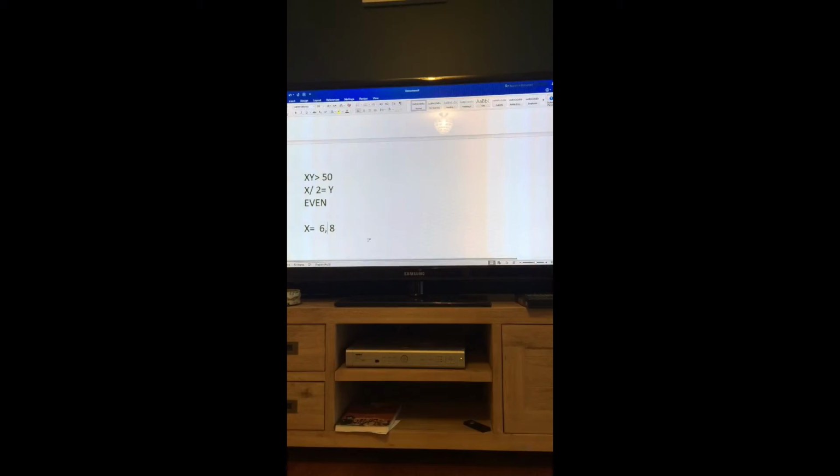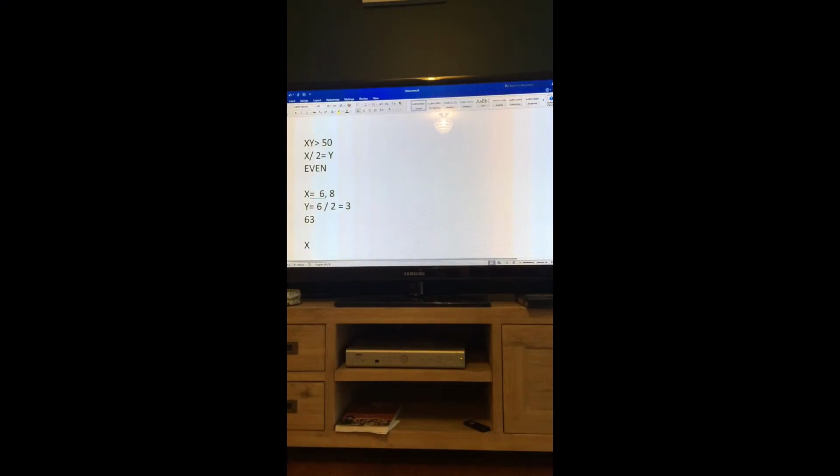If we work backwards like we did before, then we know that y would equal 6 divided by 2, which would give us 3, where x is 6 and y is 3, which gives us a number of 63. However, this number is not an even number, so this would not be the correct answer.